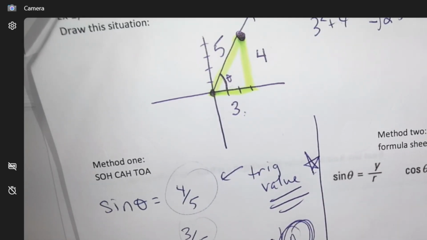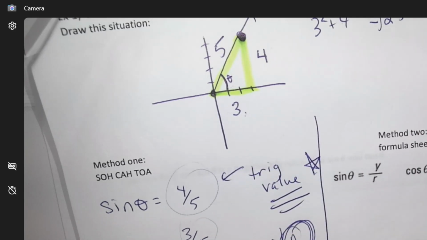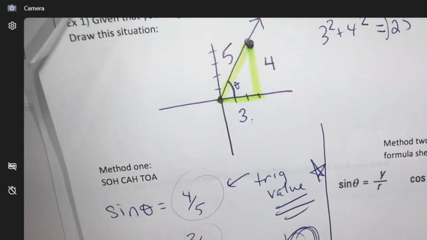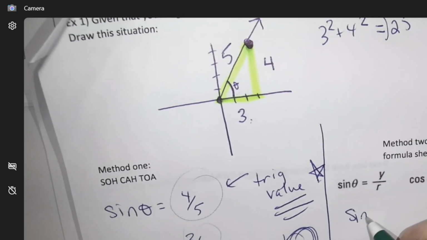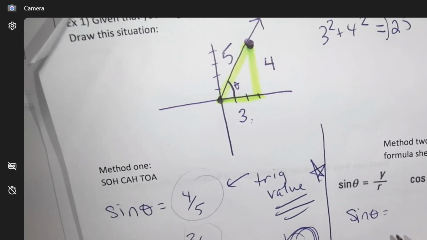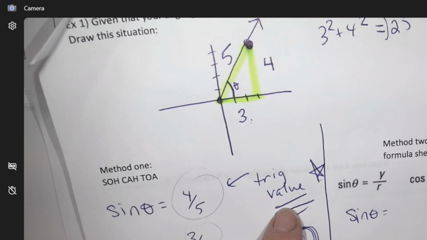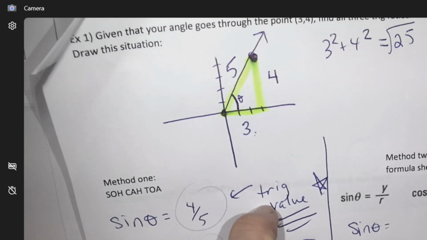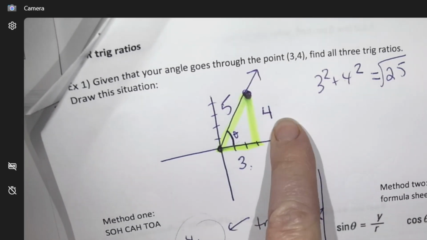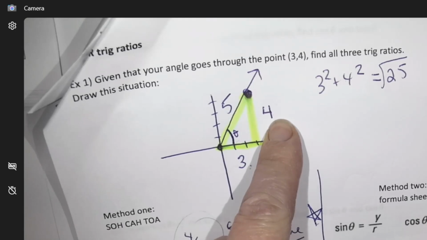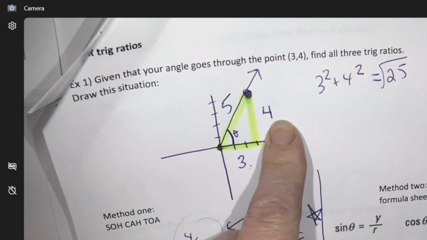But in grade 11, we start to talk about the formulas to get those. So you would be provided these formulas. I have them on your formula sheet. You'll have them on a test. You'll have them on an exam. So sine theta equals the y divided by r. So what's the y coordinate? 4 divided by the r.